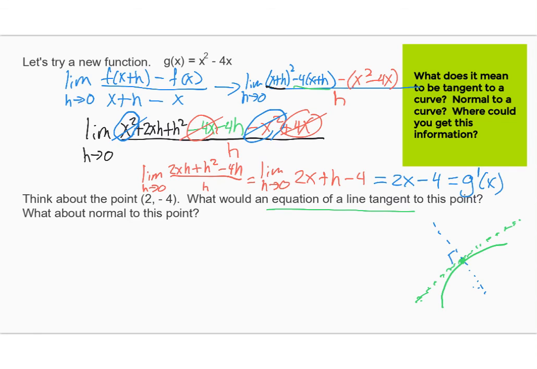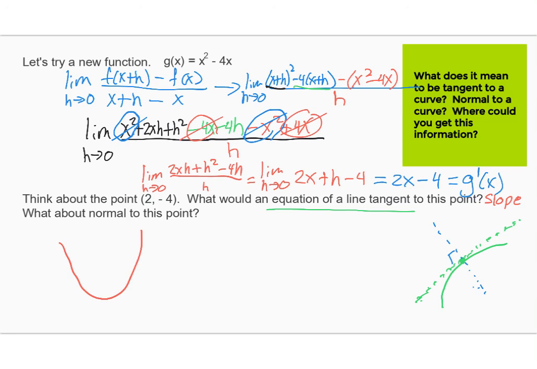Cool. And again, I want us to remember that this g prime, this derivative, is slope. This is a really important thing for us to keep in our heads at all times, that this is the slope of this parabola. So this parabola looks something like this. And the equation 2x minus 4 tells us what the slope of this parabola is at any point along it, what that instantaneous rate of change is.